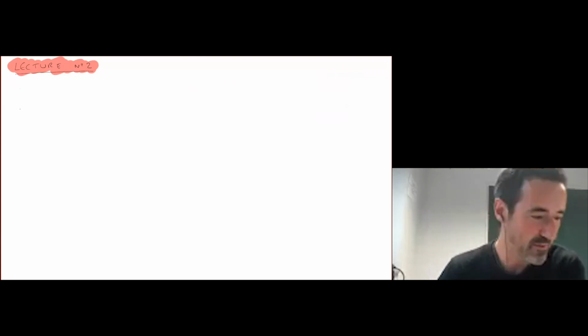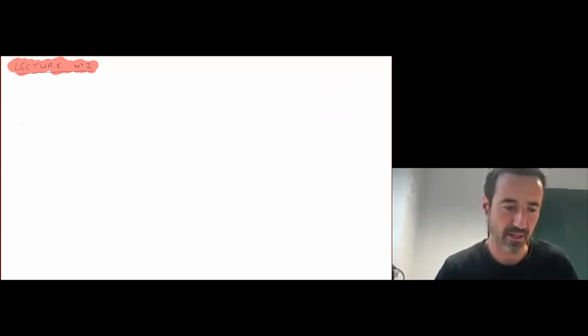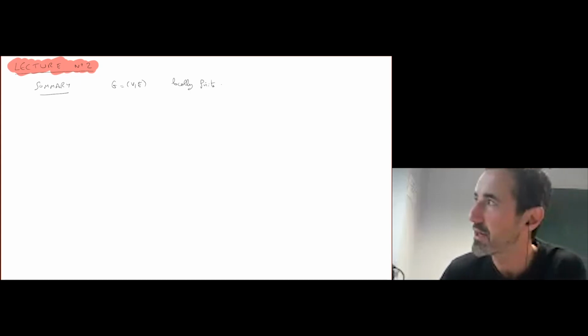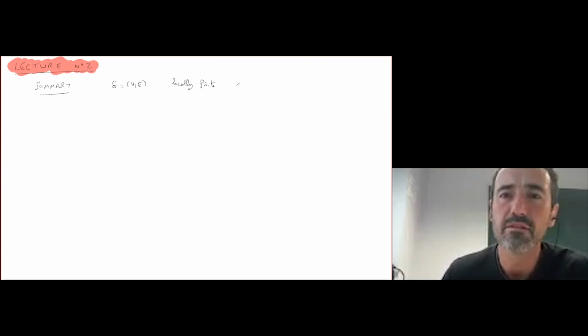Okay, so what we have done so far, we have defined the adjacency operator. We had a graph with a countable set of vertices, which is locally finite, meaning that all vertices have a finite number of adjacent vertices.